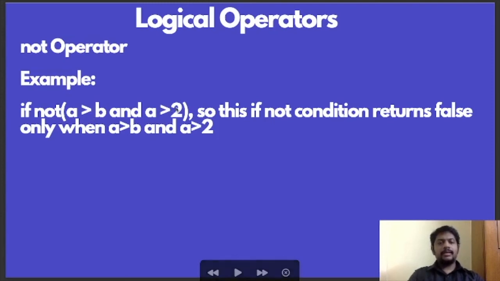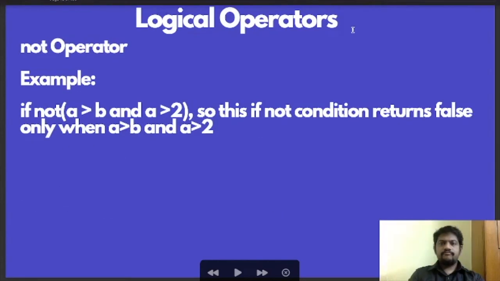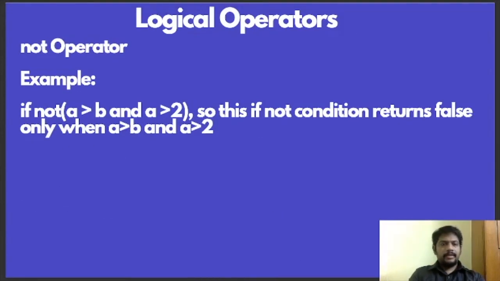In all the other cases, this particular if not condition will return true. Only when both the expressions are true, then only this if not condition will return false. In all the other cases, this if not condition will return true. So this is actually a reverse of this if condition. We can take another example.